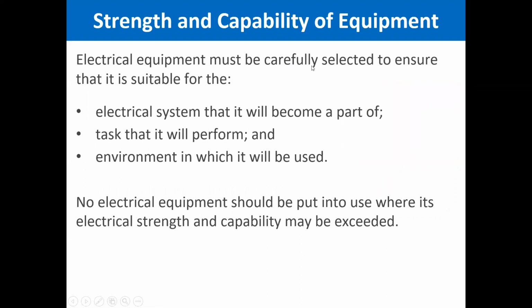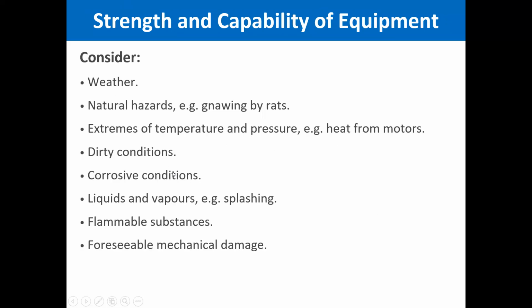Okay, so for the electrical equipment that you use, you need to make sure you use suitable strength and capability of equipment. Electrical equipment must be carefully selected to ensure that it is suitable for the electrical system and the tasks that you will be performing. It should also be suitable for the environment in which you are using it.